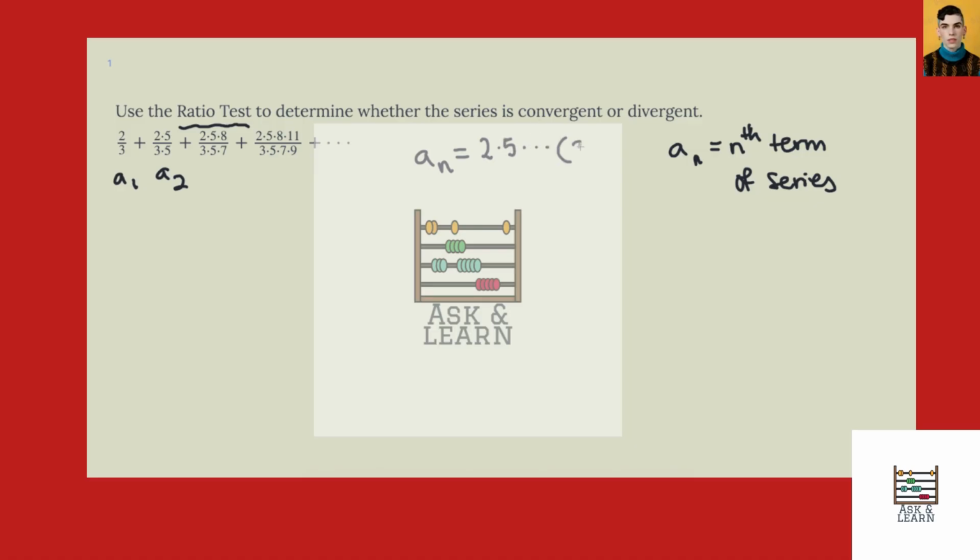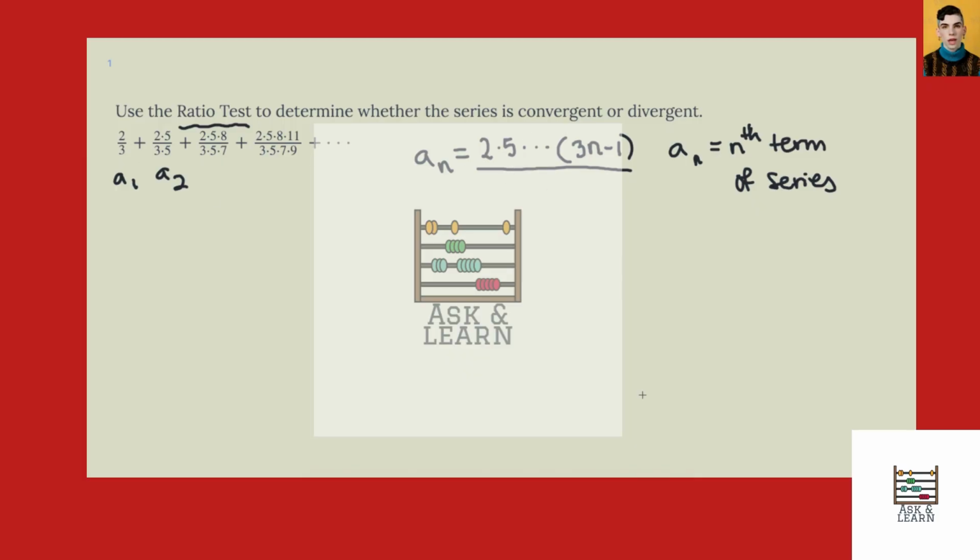So it looks like we should have 3n minus 1. And you can check: if n equals 1, you get 2. If n equals 2, you get 5. And each time n increases, the numerator increases by 3.